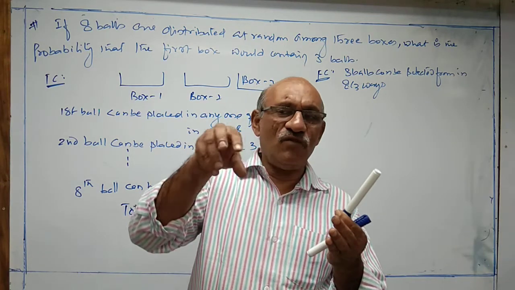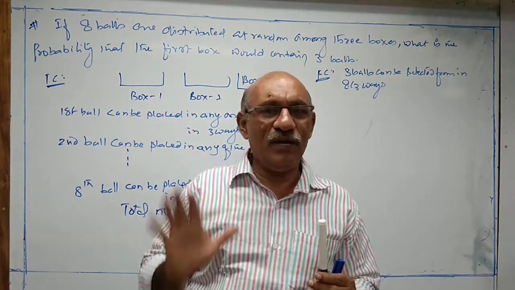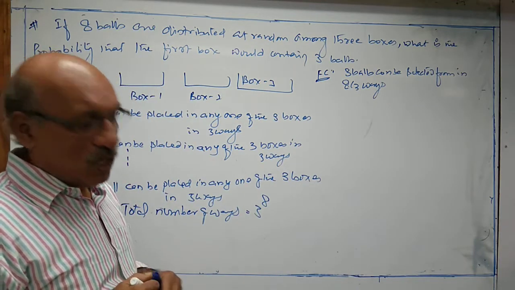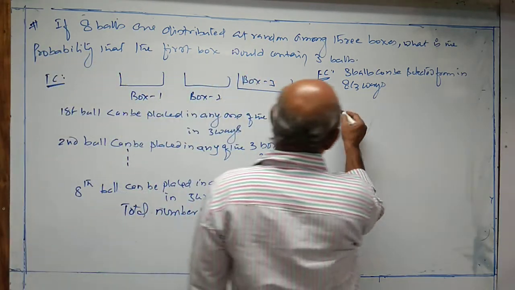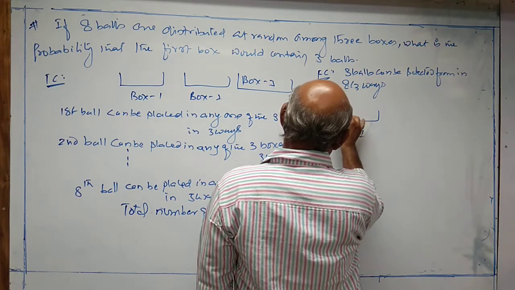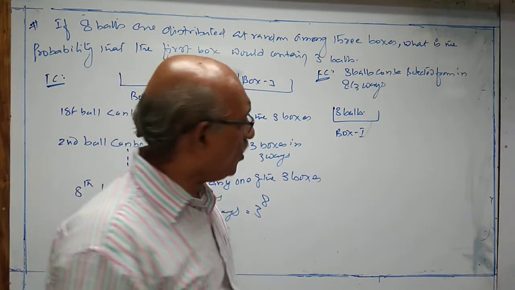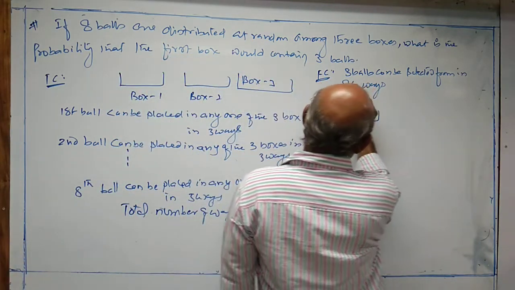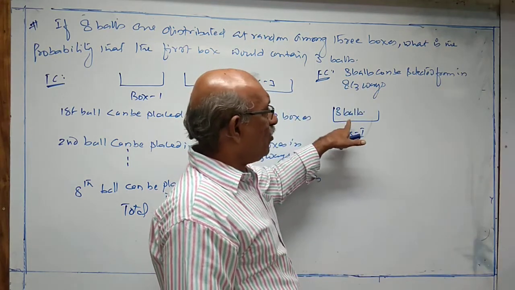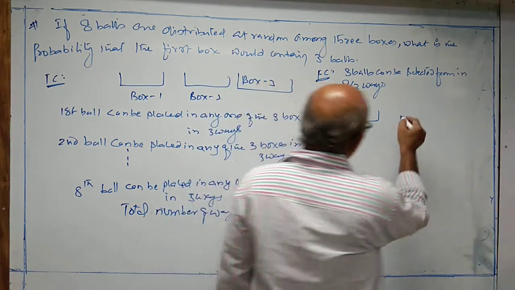So 3 balls can be selected from 8 in 8C3 ways. The selected 3 balls are placed in box number 1. How many balls remaining, sir? 5 balls are remaining. From 8, when 3 balls are placed here, only 5 balls are left over.